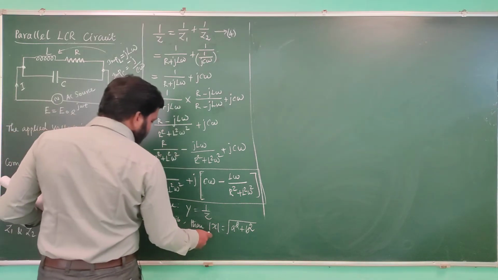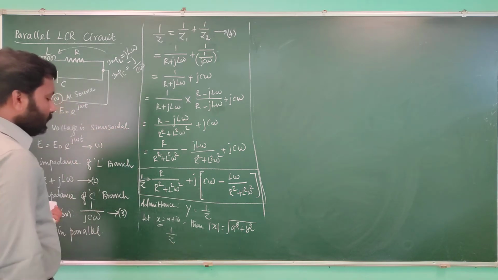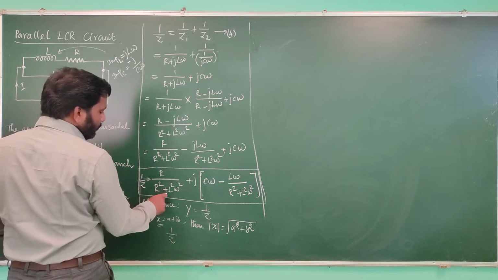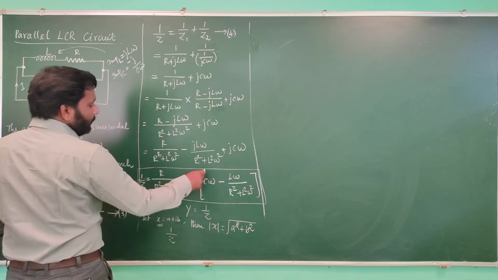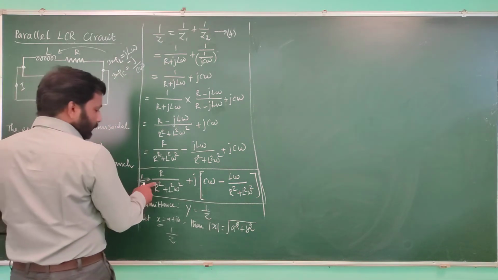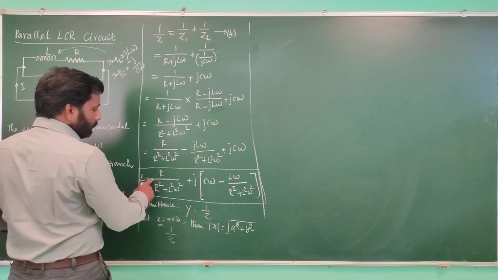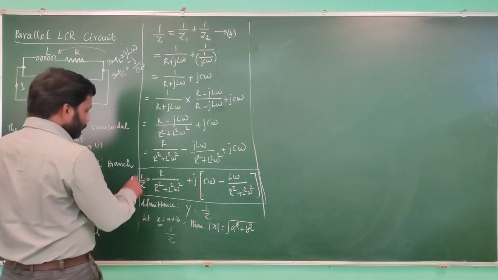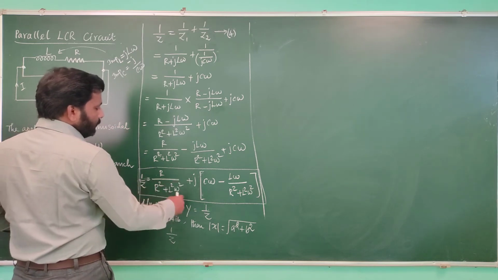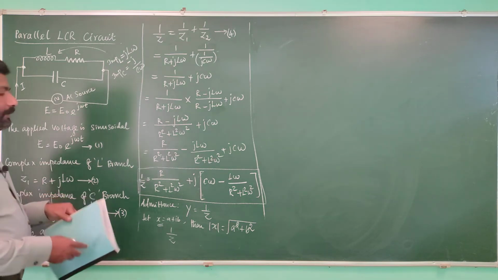Here, in the place of x, we have the expression for 1 by Z. What is 1 by Z? 1 by Z is equal to R by (R square plus L square omega square) plus j multiplied by (C omega minus L omega by R square plus L square omega square). Here, this term is a, this term is b. So if you take the mod of 1 by Z, this term square and this term square will be taken and its square root should be taken.